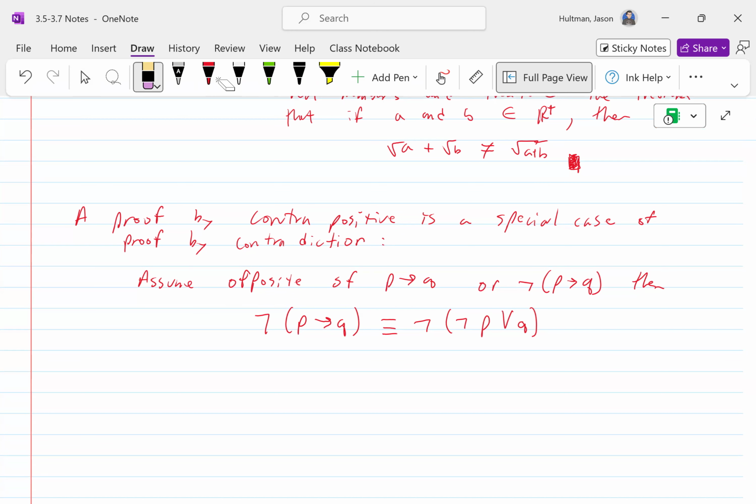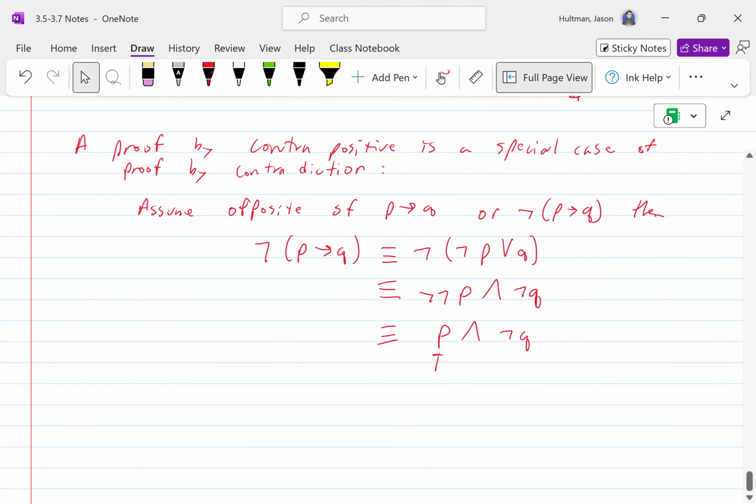So by De Morgan's laws, this thing is equal to P and not Q. So we're assuming the hypothesis is true, but we're getting the conclusion as false, because we assumed the opposite of the theorem.